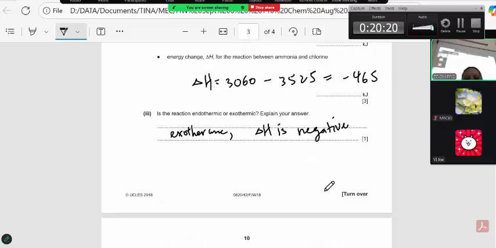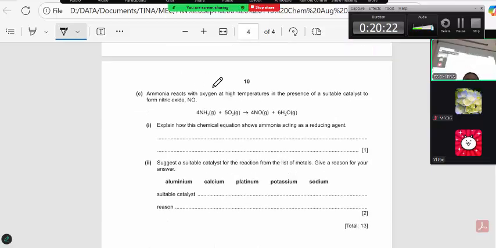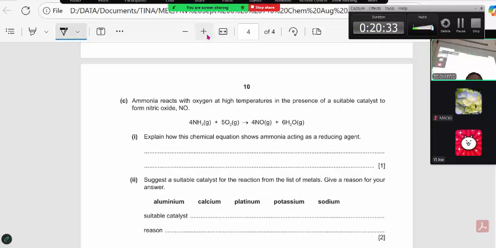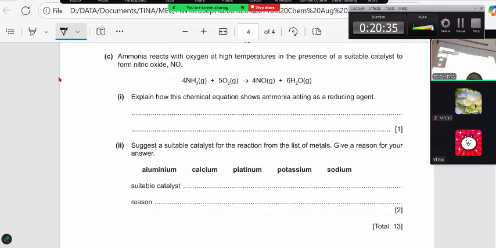Ammonia reacts with oxygen at high temperature in the presence of a suitable catalyst to form nitric oxide. Explain how this chemical equation shows ammonia acting as a reducing agent. A reducing agent is a chemical that will oxidize someone else.